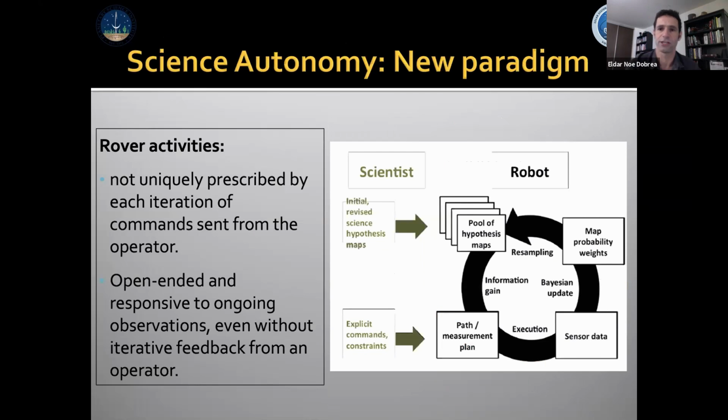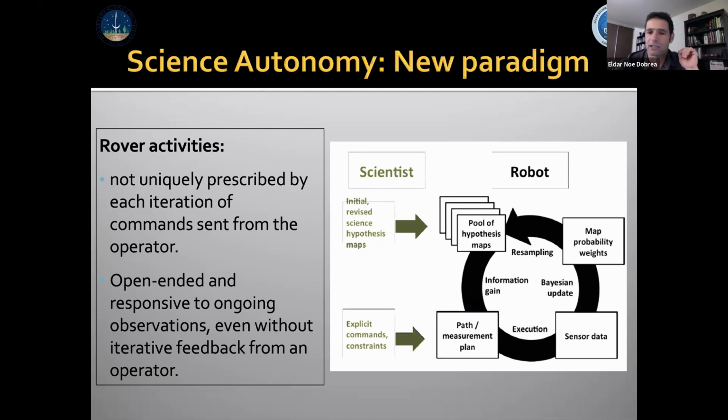So we here are proposing a new paradigm. This was originally brought up by David Wettergreen and his team, and he will be talking more about this. In this new paradigm, we don't uniquely tell the rover what to do at every step of the investigation. Instead, the investigation is more open-ended, and the rover is able to respond to ongoing observations without any iterative feedback from an operator. And the way this is done, and David's going to go more deeply into this, is that the scientists provide the rover with something called a hypothesis map, basically a pool of hypotheses of what the rover might see and what it should be testing for.